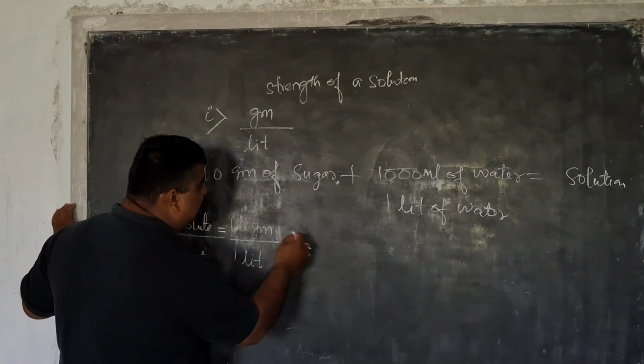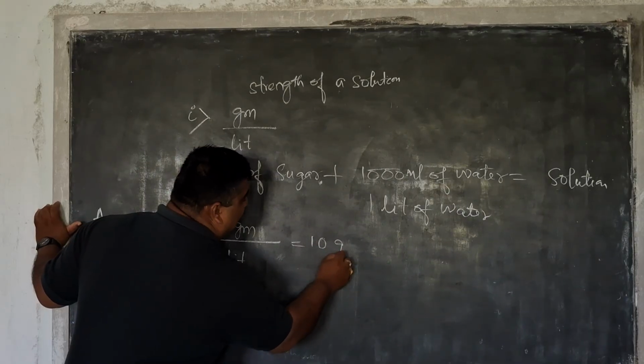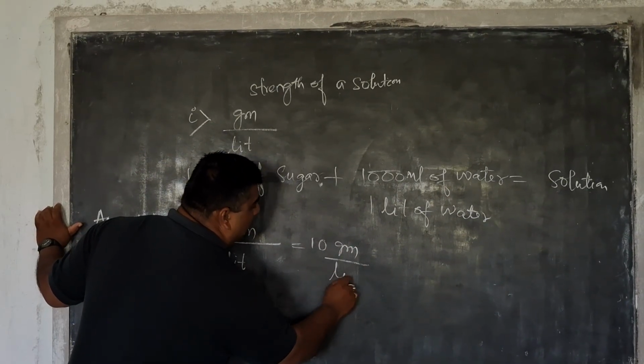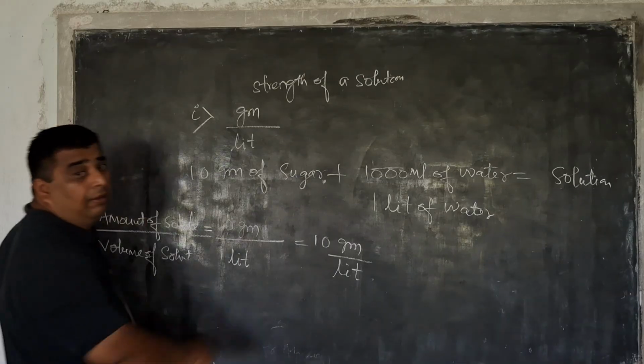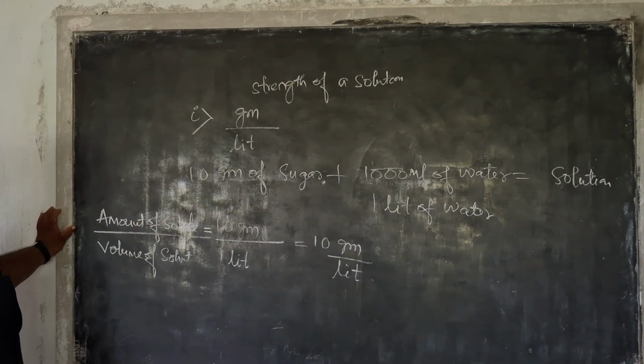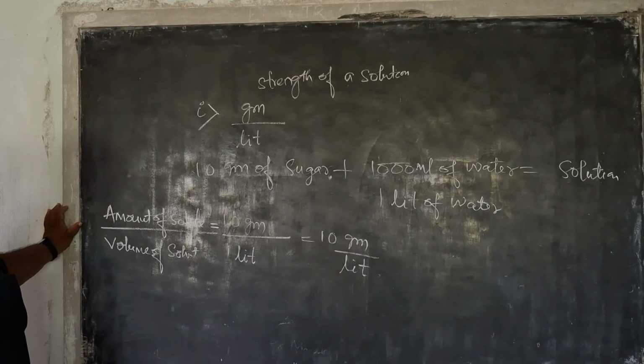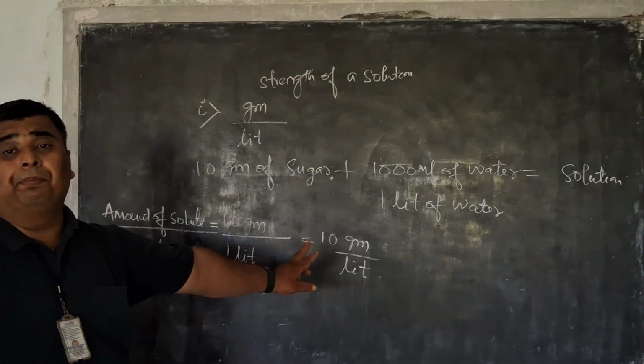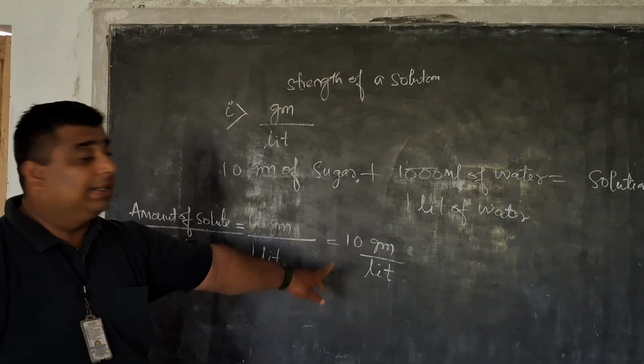So its concentration is represented as 10 gram per liter. 10 gram per liter.